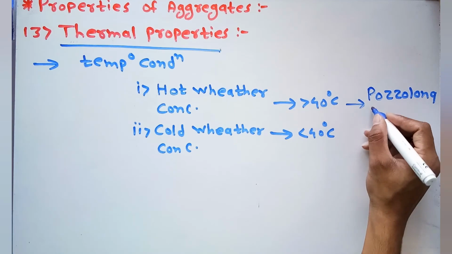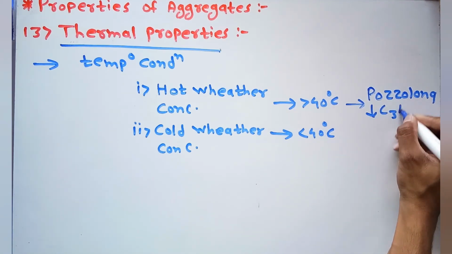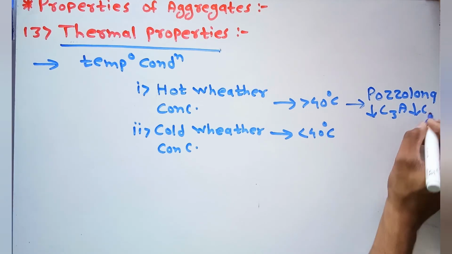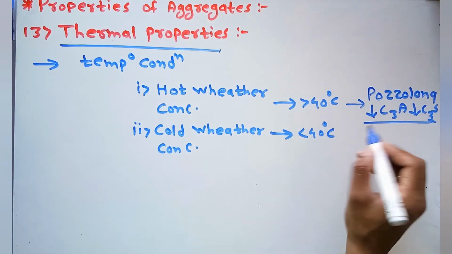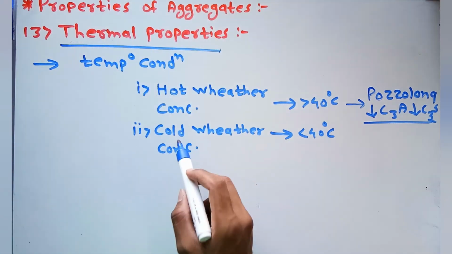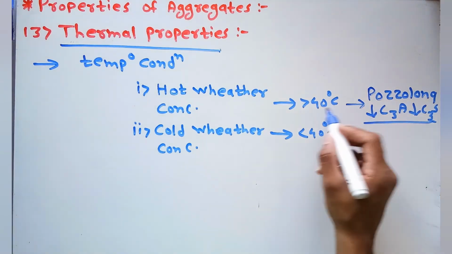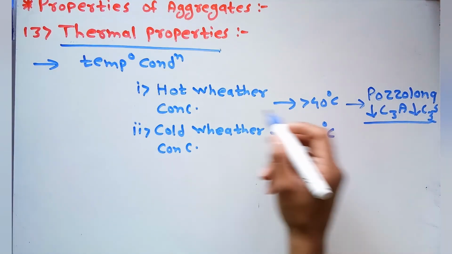Or we can simply reduce the content of tricalcium aluminate and tricalcium silicate, which we have already seen in the cement part. So in hot weather concreting, these thermal properties can be maintained by using pozzolana and by keeping these Bogue compounds in such a way.